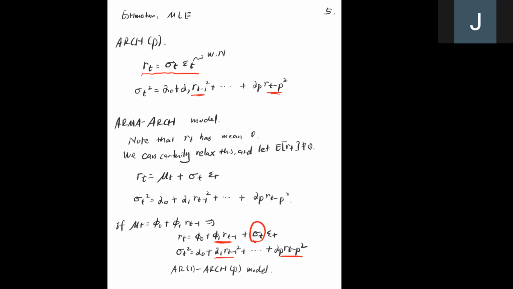And definitely, if we allow mu t to have more AR or MA lags, then this becomes an ARMA(P,Q)-ARCH(P) model.